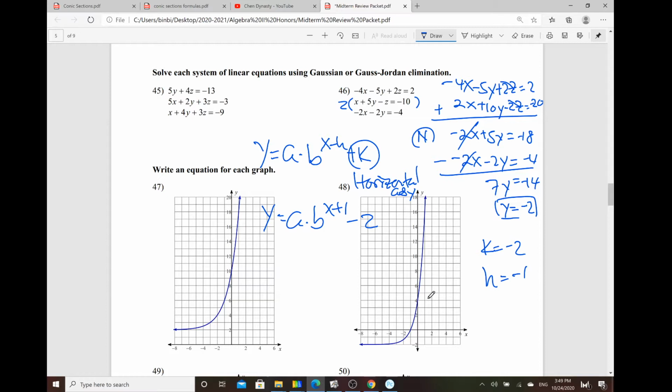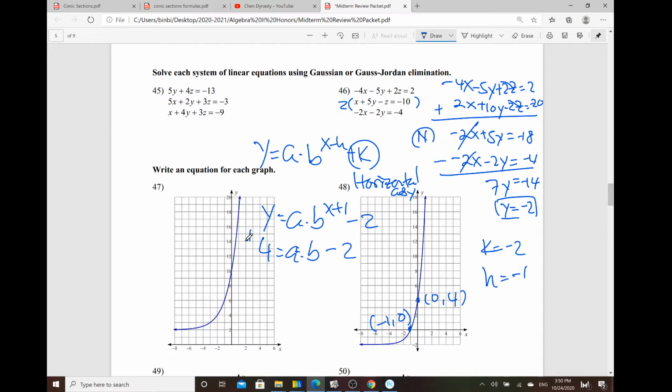For the graph here, we can choose 2 points. Normally I like to choose the x-intercept and the y-intercept if they're integers. So negative 1 comma 0, and the y-intercept is 0 comma 4. Plugging in 0 comma 4, we have 4 equals a times b to the power of 0 plus 1, that's just 1, or ab, minus 2, a times b minus 2.